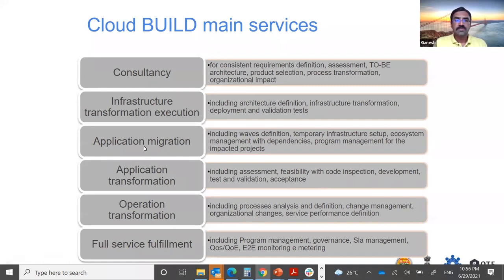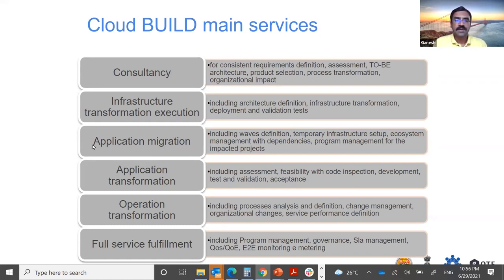Once I do that, I will have an application migration. After an assessment, when I give end-to-end migration recommendations, I have to get into the application migrations by leveraging a lot of tools, both open source as well as proprietary tools available today.